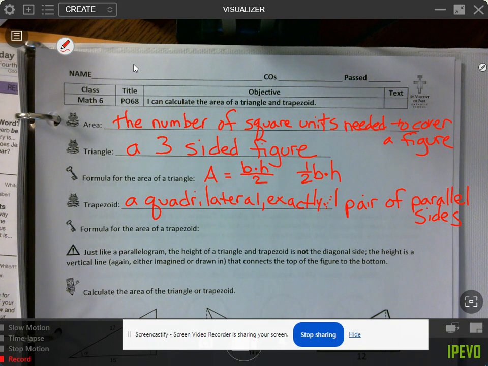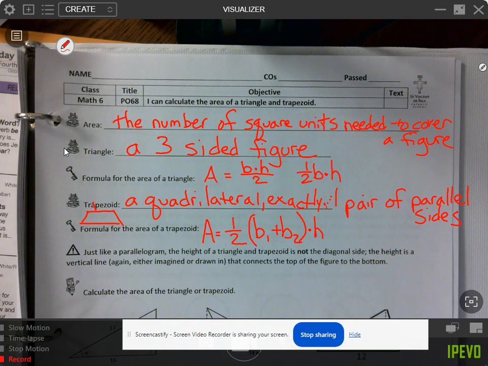Everything I'm putting on the board, you should be putting on your binder page. Our area equals 1/2, and I'm going to put in parentheses base 1 plus base 2, times the height.